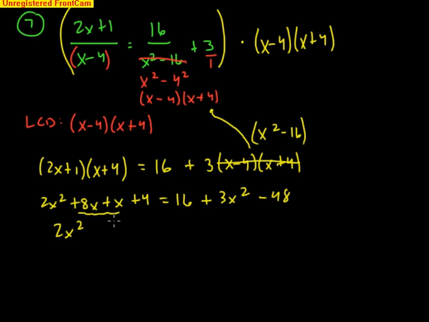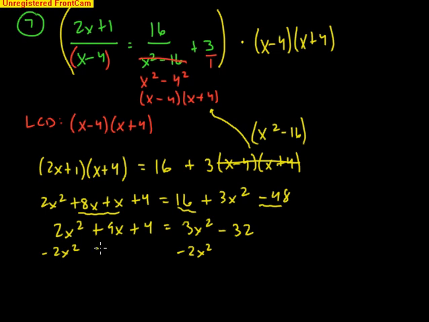So I will try to simplify some things. 2x², I can simplify the x's, plus 9x plus 4 equals, over here, we get 3x², and let's simplify the 16 and the minus 48 and get negative 32. So now I would like to keep x² positive. If there's 2 here and 3 there, let's move everything to the right side. I know it's a hassle, but we want to keep x² positive.